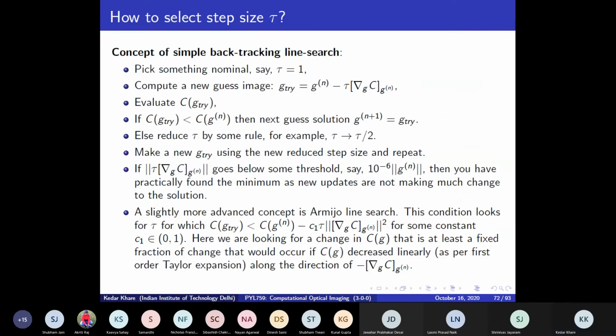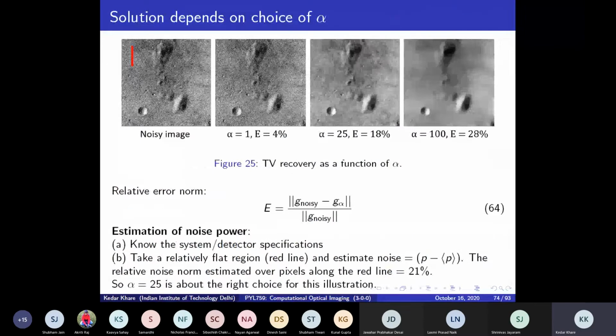I'm going to show you the result when I try to run this with 3 different alpha values. So the first is a noisy image. Then we have 3 different cases where I have alpha equal to 1, alpha equal to 25, alpha equal to 100.